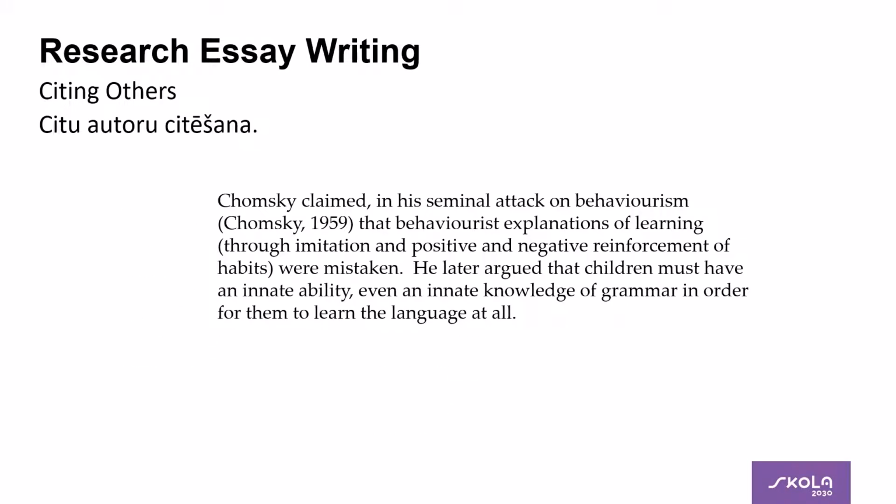In this example, the writer suggests that this Chomsky idea is an old idea. He claimed in the past, and he later argued again in the past. The writer is distancing himself from Chomsky's claim.